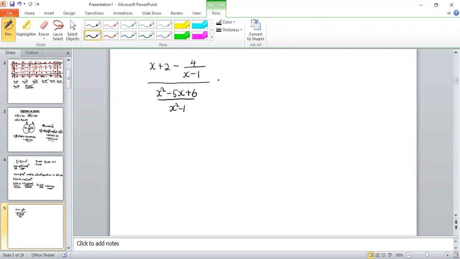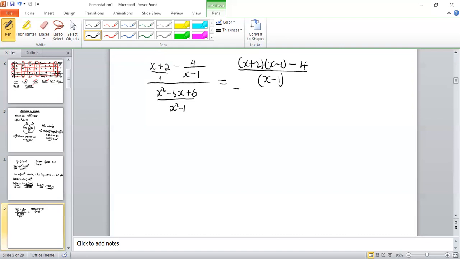With such, what you do is the numerator, you make it as a single fraction. The common denominator for the numerator is x minus 1. Are we together? Then you expand. x plus 2 will multiply x minus 1, then minus x into x minus 1 is 1, 1 times 4 will just be 4.